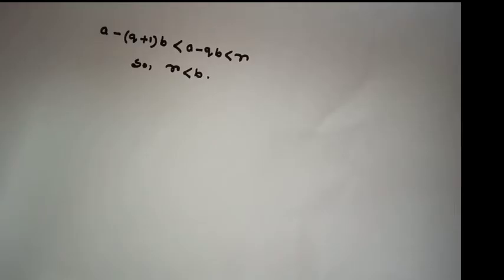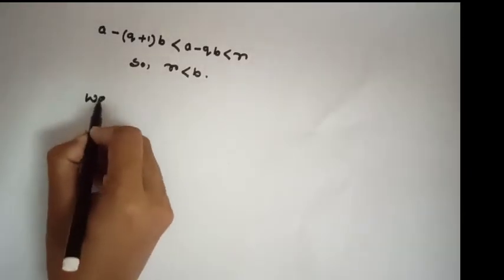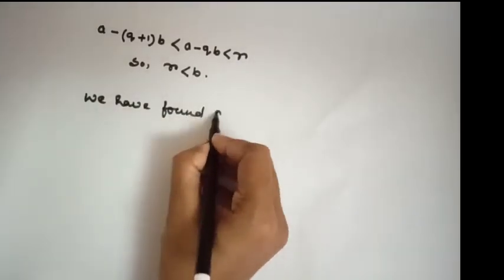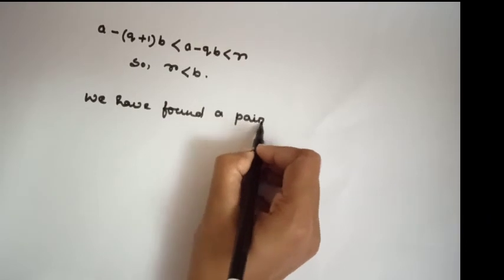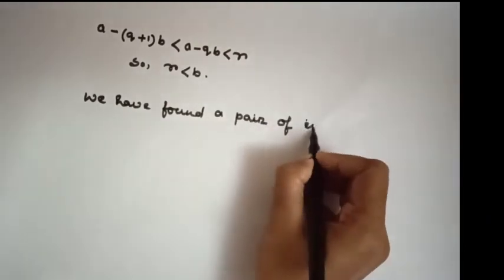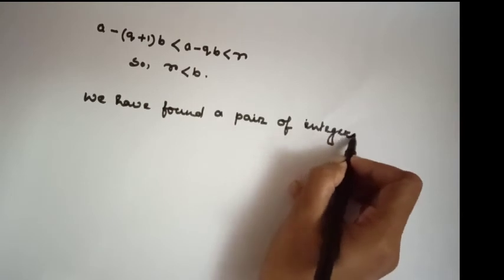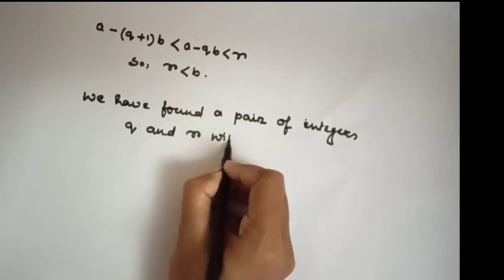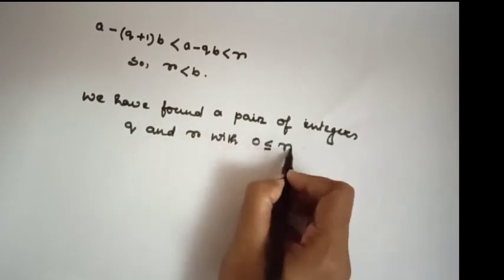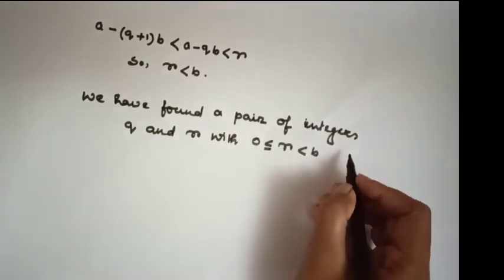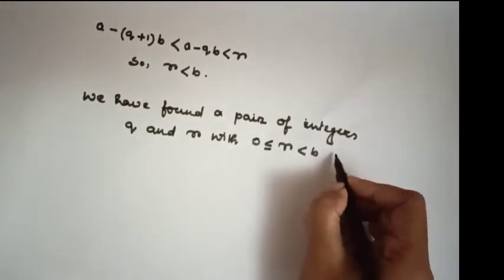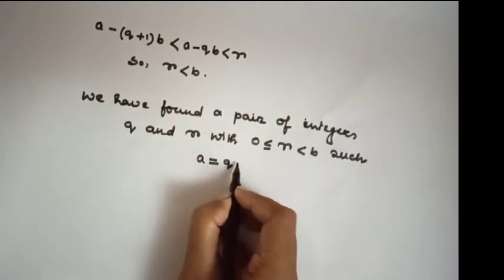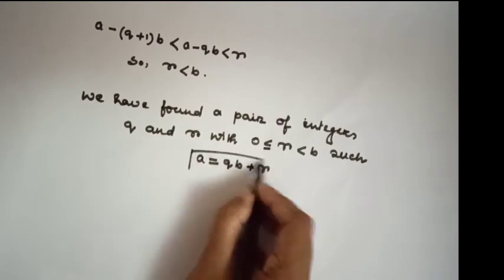Okay? That means we have found a pair of integers q and r with 0 less than or equal to r strictly less than b, such that the condition a equals qb plus r holds.